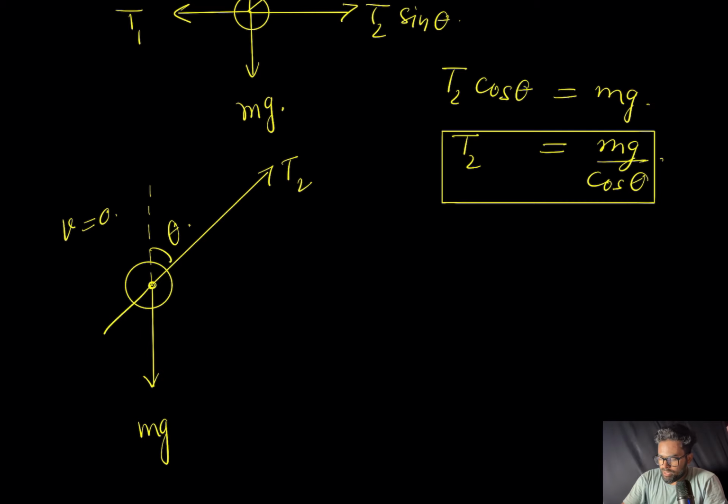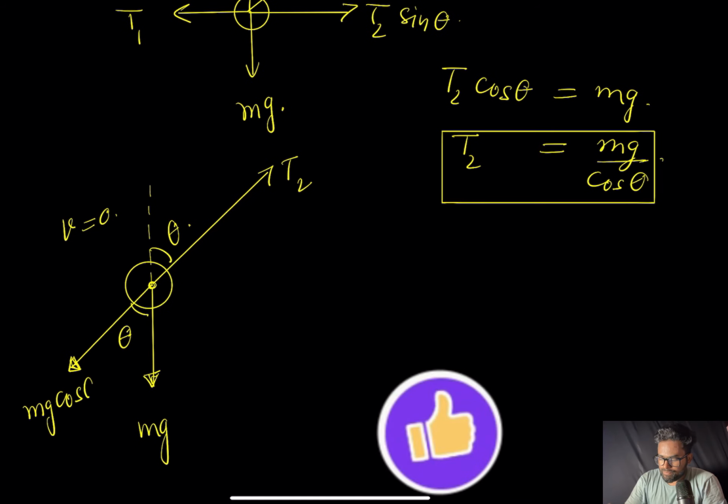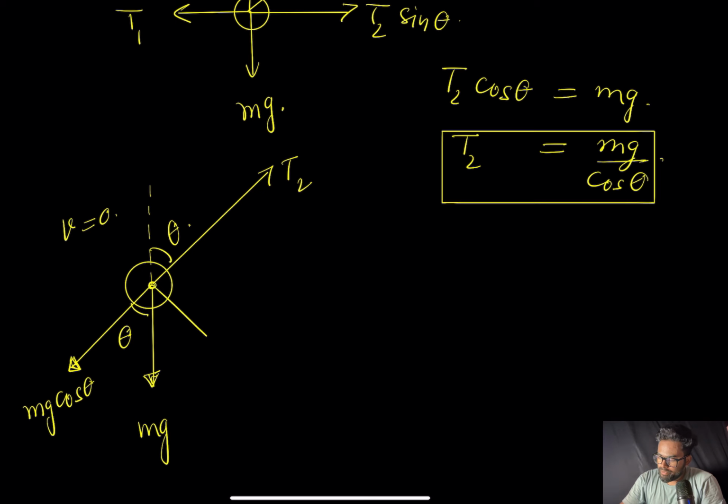So we'll see the mg components. This angle is theta, and this is also a vertically opposite angle theta. Mg this side, so this one is mg cos theta, and this one would be mg sine theta.